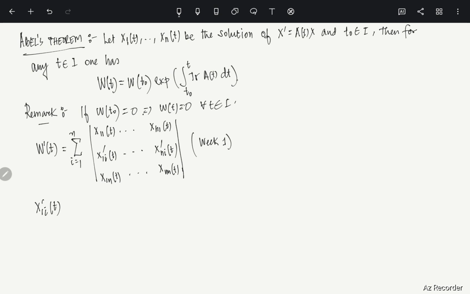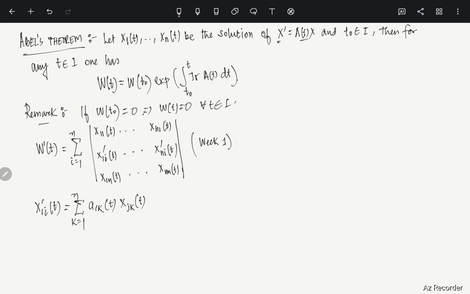So the derivative of the ith component, x1i prime of t, is the sum over k equals 1 to n of a_ik(t) times x_jk(t).